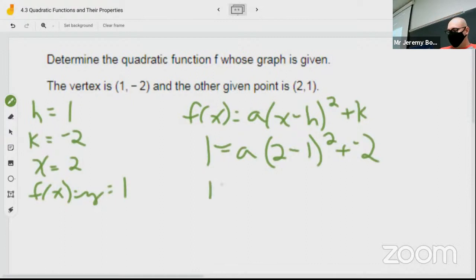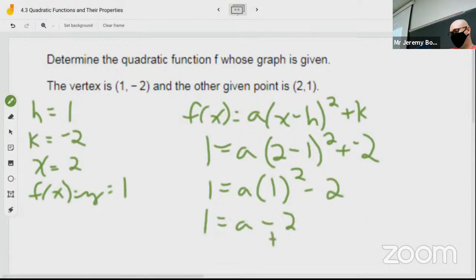All right, so we're going to have 1 is equal to a, and 2 minus 1 is 1 minus 2. That's not bad. So it's going to be 1 is equal to a minus 2. Let's add a 2, and I get 3 is equal to a. This is not the best, but at least it's not negative. So I know my a is equal to 3.